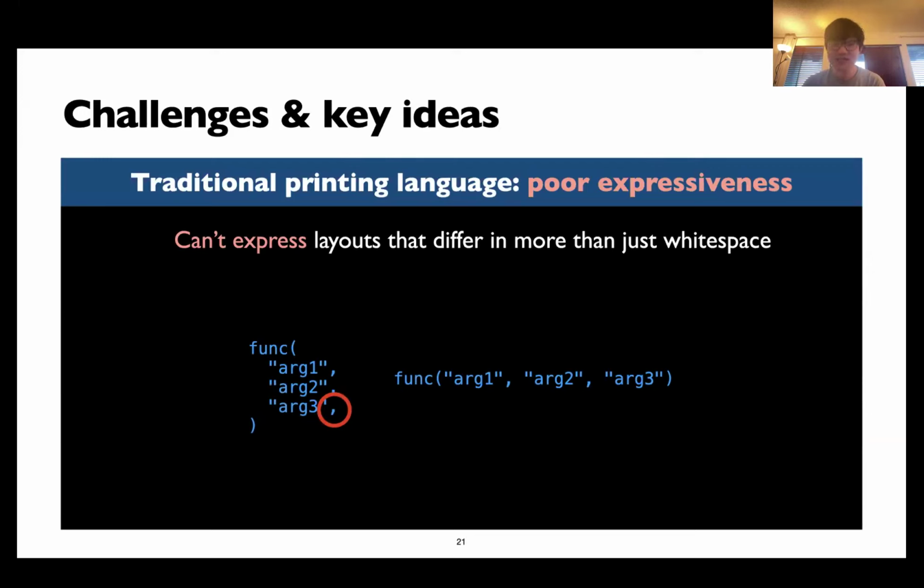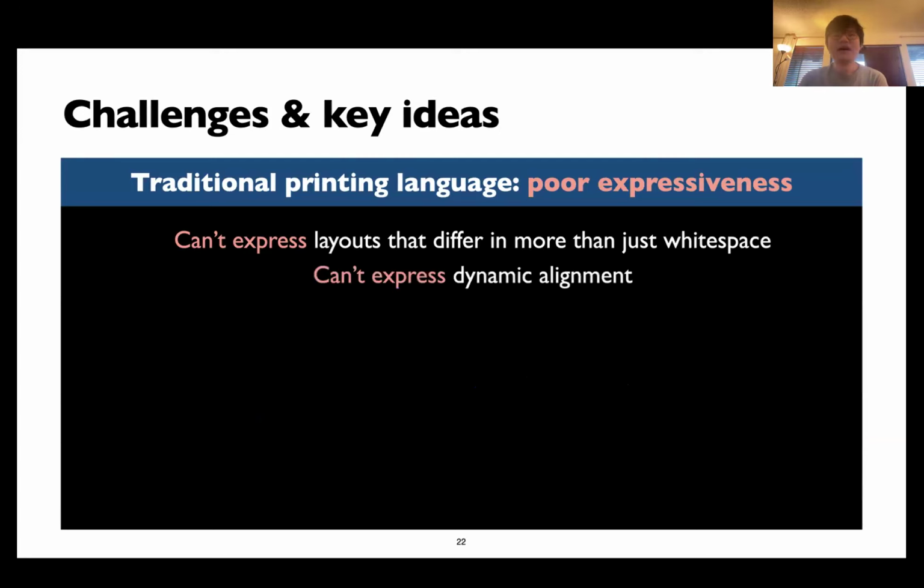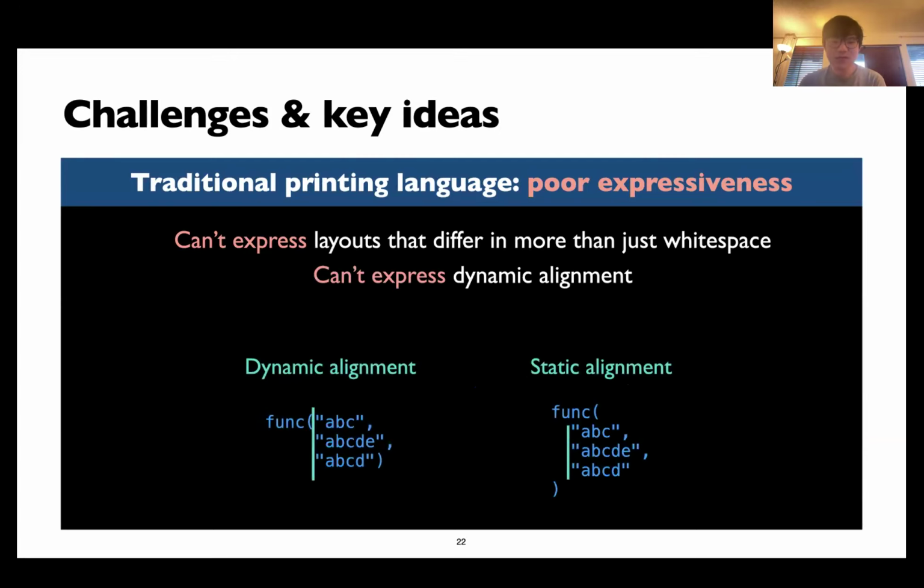And yeah, that's just not possible. It also cannot express dynamic alignment. By that, I mean something like this, where you indent in a way that is sensitive to the preceding content, as opposed to static alignment, where you indent by a fixed amount of space, like 2. So dynamic alignment is not expressible in the traditional pretty printing language.